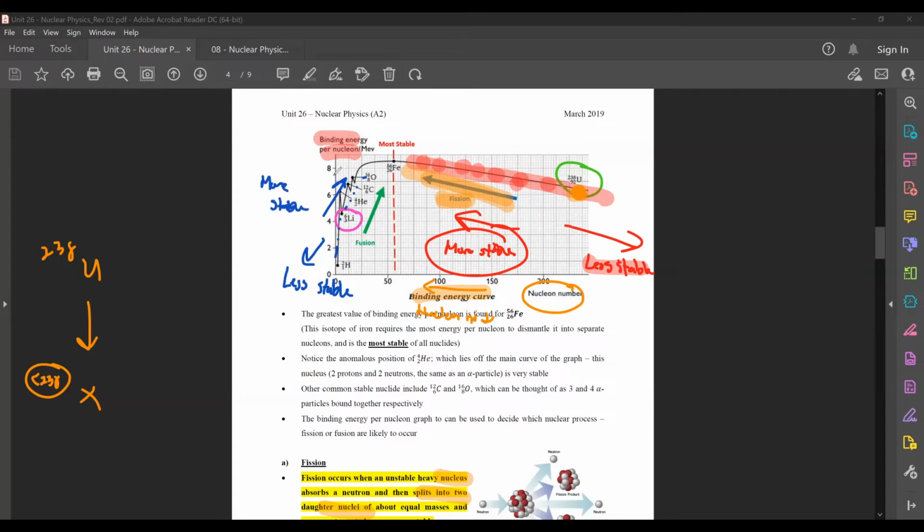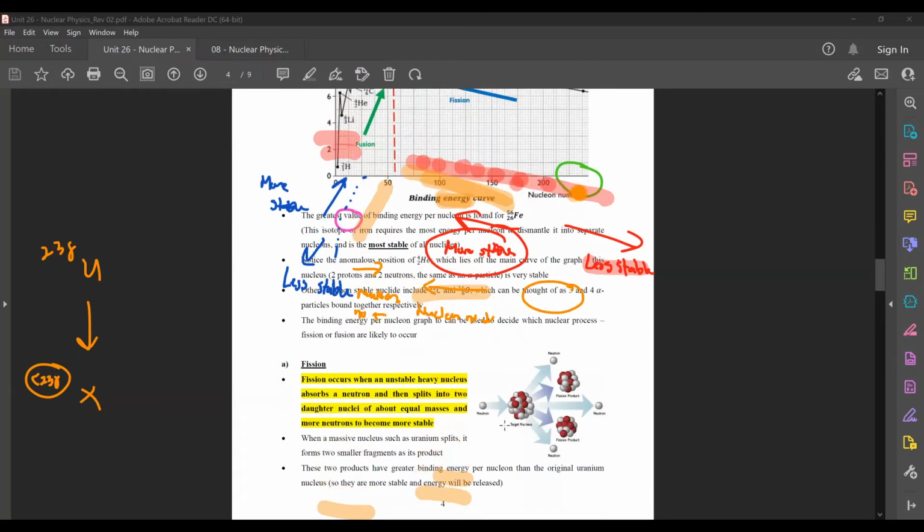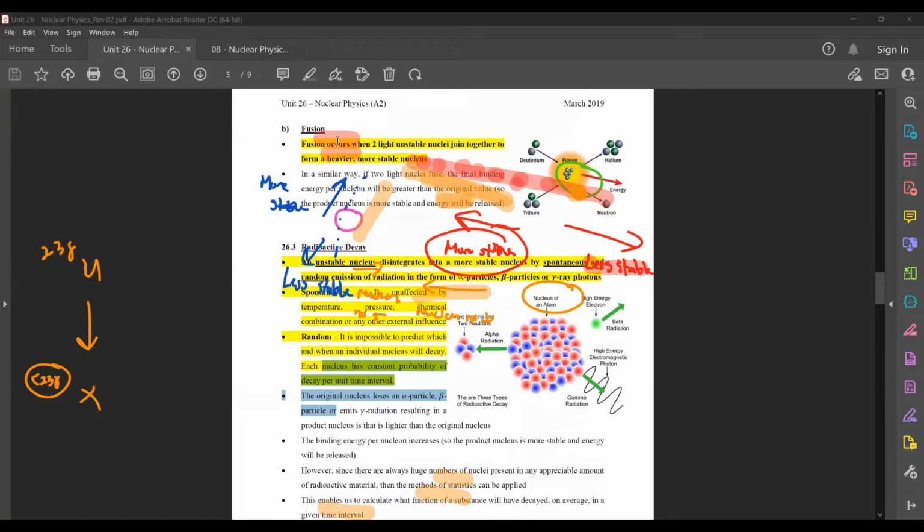So whatever nuclear reaction occurs, you would be going upwards. But in the process of going upwards on the graph, you will notice that your nucleon number is increasing. It means your nucleus is getting larger. So the only way your nucleon number can increase is if it fuses together or combines with another nucleus.